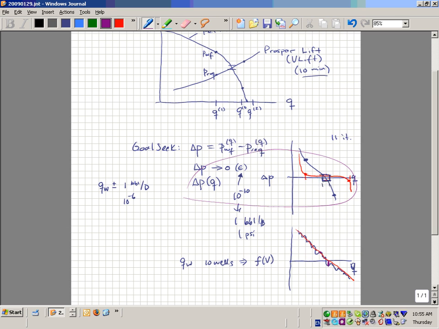Now this blue curve is not differentiable, so you can't use a Newton method to solve it. Okay, and then the next alternative is to use interval halving or some much slower method that takes more iterations. And already it's taking 10 minutes per call per well. Okay?